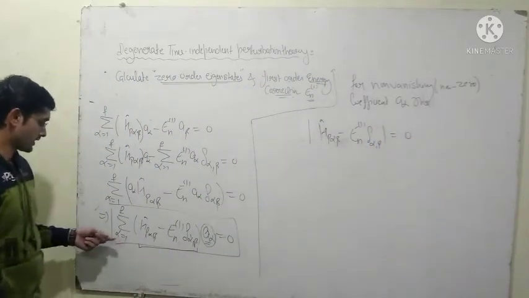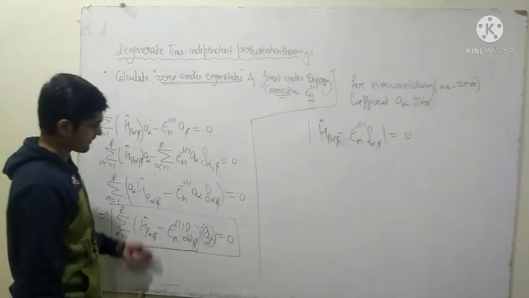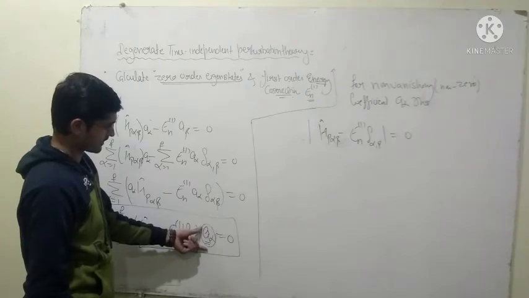So just think about it. These are f linear equations, and you want to solve these f linear equations for non-vanishing alphas, right?